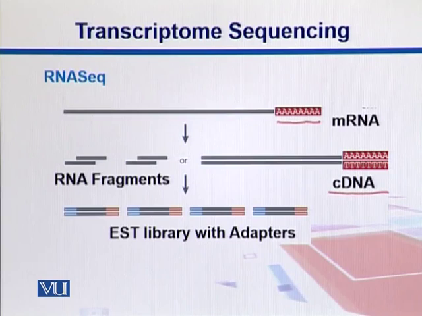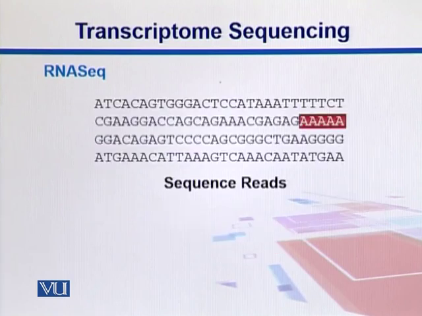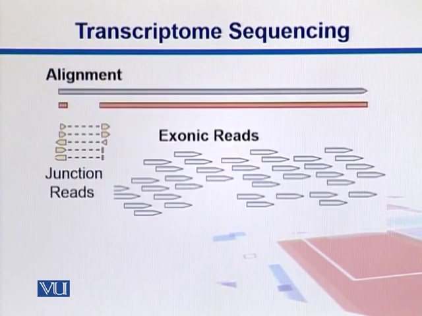In this way we come up with a library, which we call an EST, Expressed Sequence Tag library, where adapters are ligated. We submit that for sequencing, and sequencers give us what we call sequence reads. We take these reads and align them onto different references.